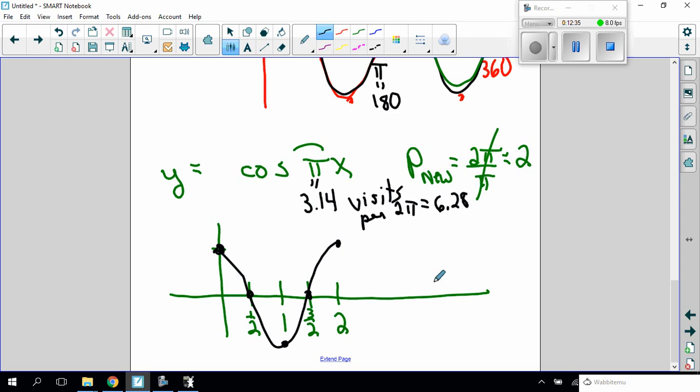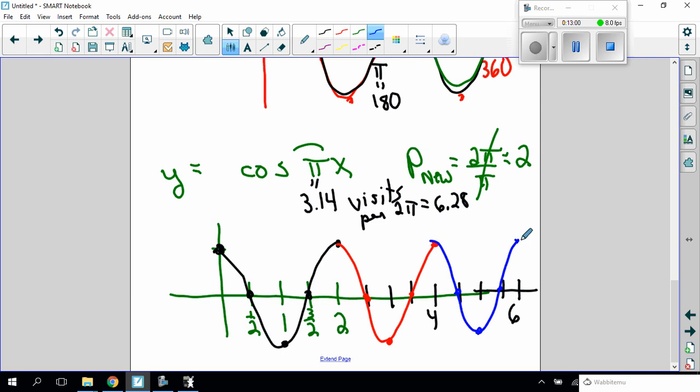Now, I don't think I can squeeze it on there. Let me cheat a little bit. So 4, 6. So tick, tick, tick, tick, tick, tick. I'm about ready to destroy all of our papers. So there's the second visit. There's the third visit.